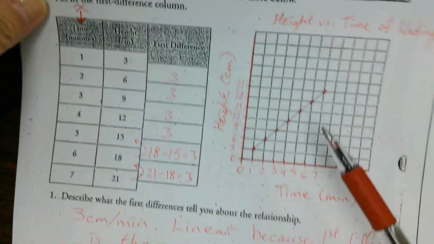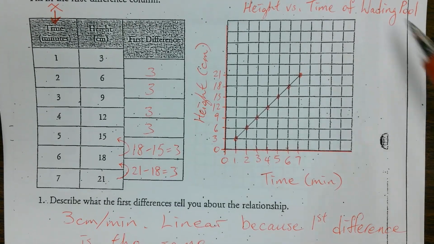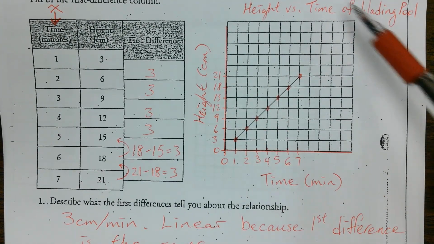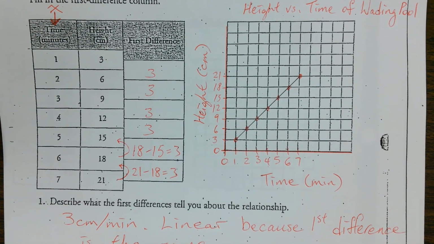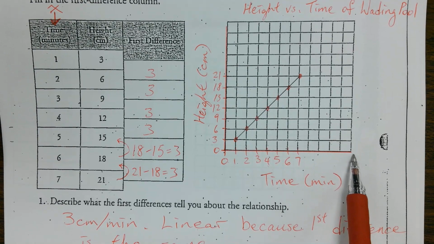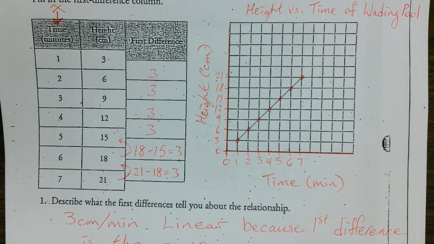Second thing I don't like about this graph. There's one more thing I don't like about this graph, even though I drew it. What other thing would you change in this graph? Jasmine? It's okay. I don't need to label it X and Y because I did label it with the time and height already. So it's okay, not that.